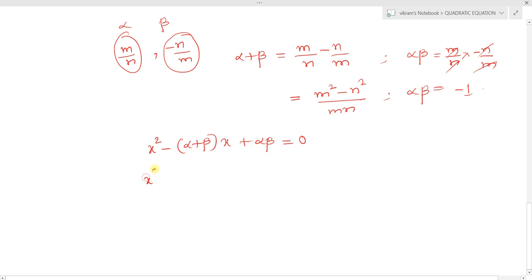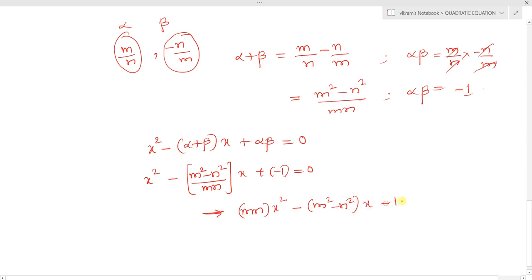Then we can write x square minus of (m square minus n square) by mn into x, plus alpha beta, which is minus 1. If we simplify this, taking LCM mn, we get mn into x square minus (m square minus n square) into x minus mn equals 0, which is the required quadratic equation.